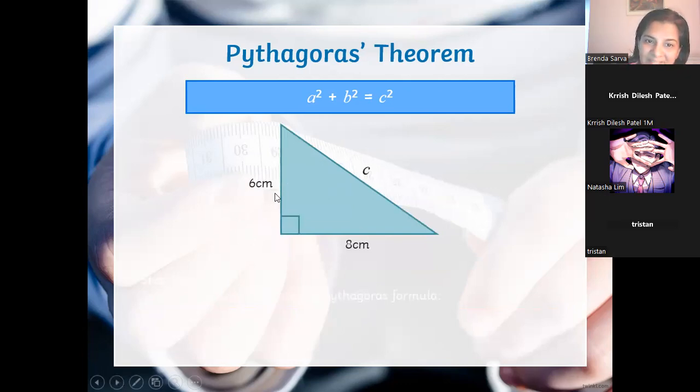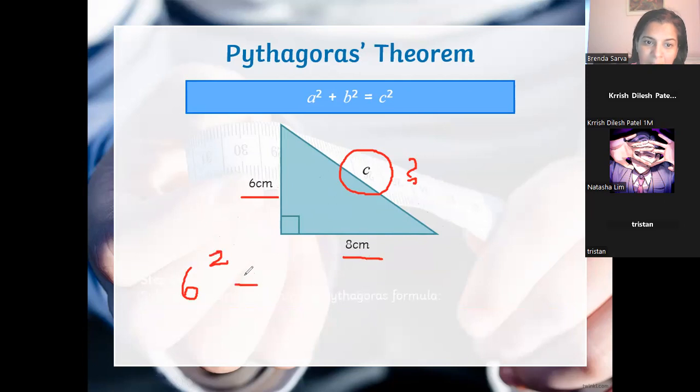If one is 6 cm, the other is 8 cm, how do I find C? Do you understand? This is 6 cm. This is 8 cm. How do I find the length of C? So, how do you do this? First, you take 6 squared. This is A, right? So, A must be A squared.